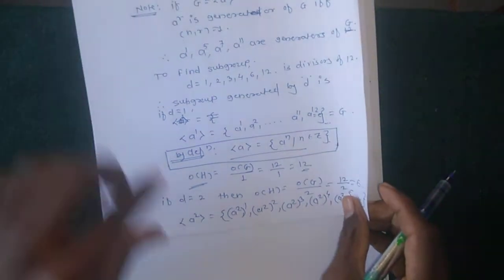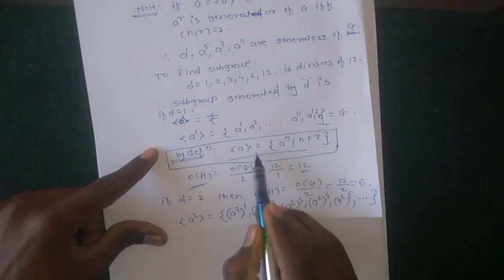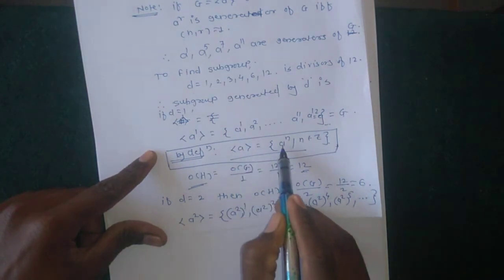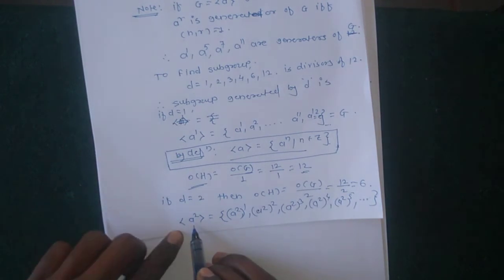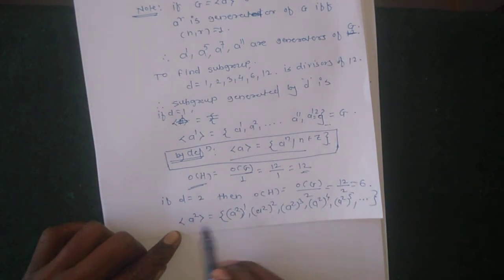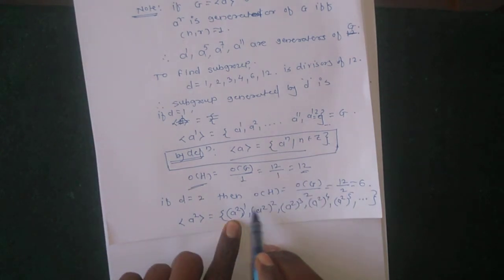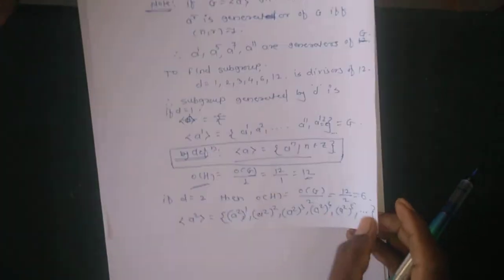All these elements are with respect to multiplication. Using this definition, the subgroup generated by A is the set of powers of A raised to n. Here the generator is A square, so we find the powers of A square: 1, 2, 3, 4.